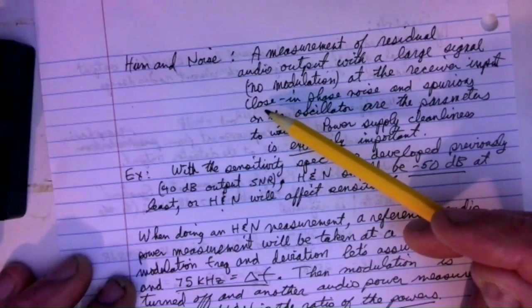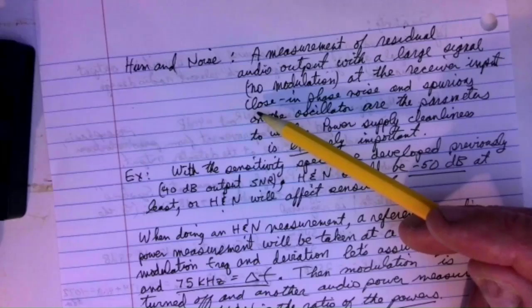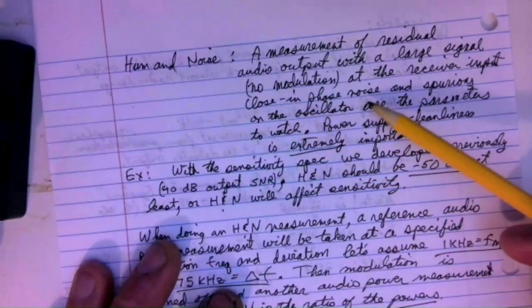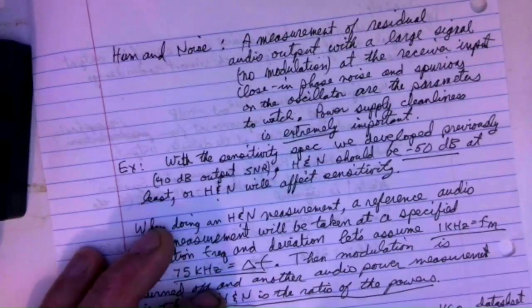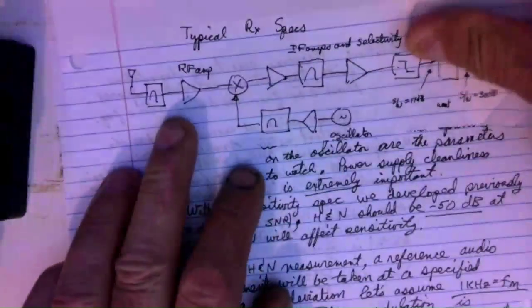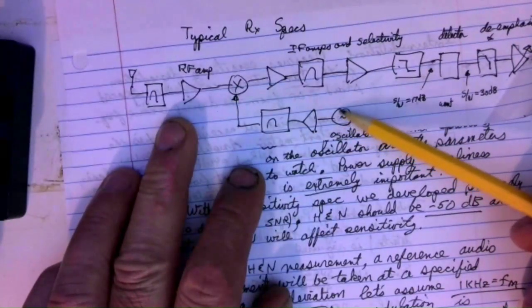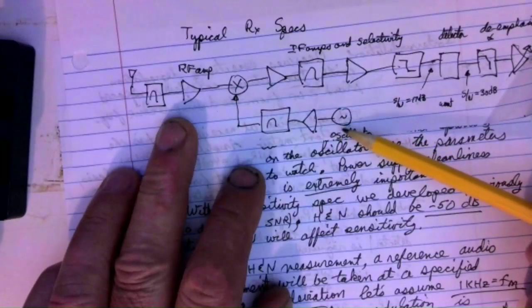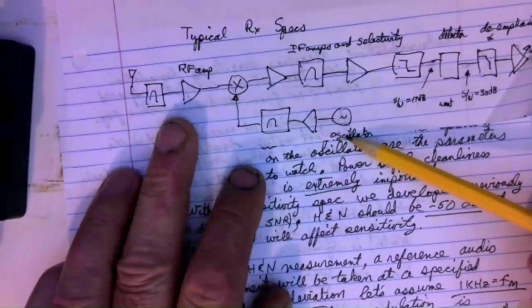So what are the metrics that affect this hum and noise? Is the close-in phase noise and spurious on the oscillator. So that's this block right here. This guy is your important block to pay attention to when you're worried about hum and noise. And its power supply.